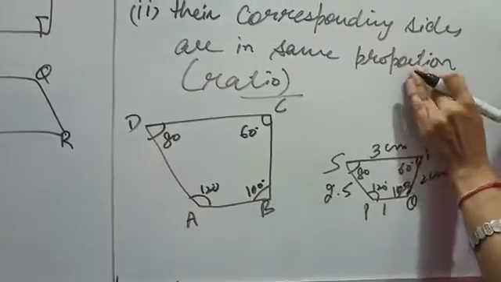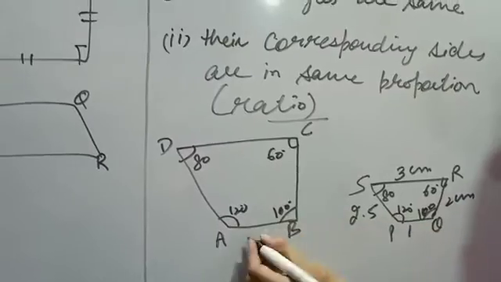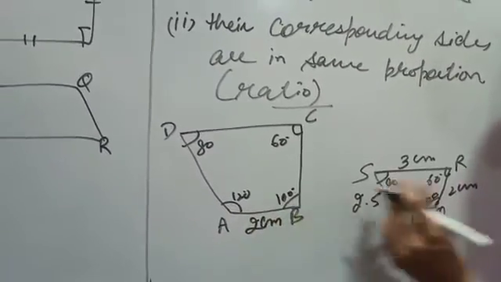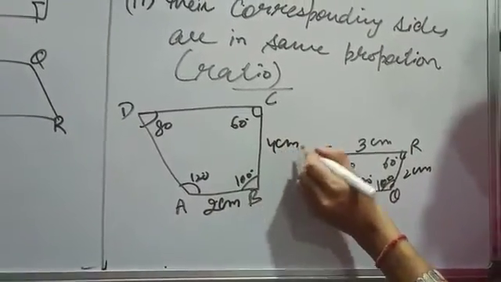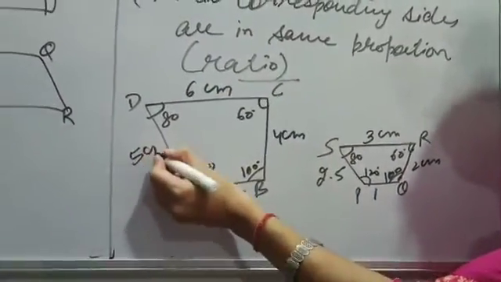Corresponding sides must be in the same proportion or ratio. Here is a small size and a bigger size. One here I take as 2 centimeter, 2 corresponds to 4, double of it. 3 will be 6 centimeter and 5 centimeter here.